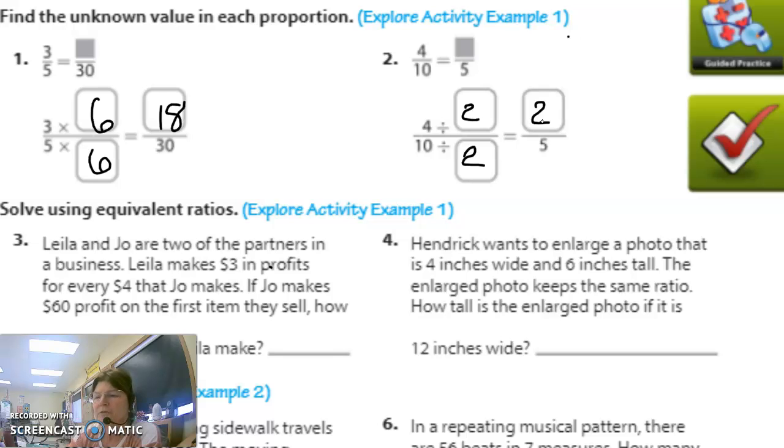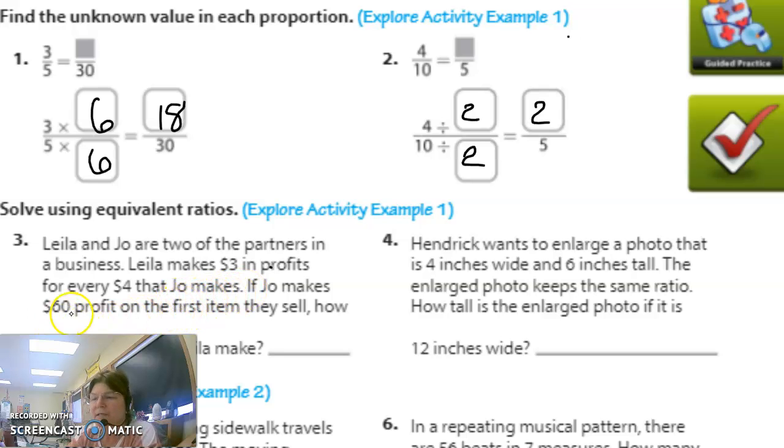All right. On our next one, we have partners. We have 2 partners who are in business. Leah makes $3 in profits for every $4 that Joe makes.